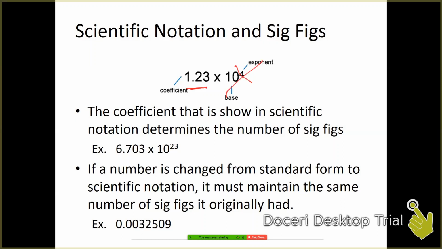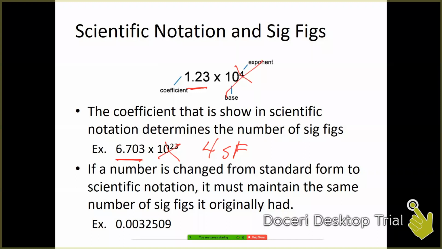So the coefficient shows your scientific notation and determines your number of sig figs. So in other words, right there, that has 4 sig figs. This is not going to affect it. If the number is changed from standard form, which is how we're used to writing it, to scientific notation, your scientific notation has to have your same number of sig figs.